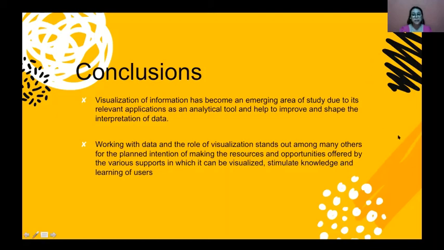Its varied applications extend to infographic design projects in its most traditional support, such as the interface design of a screen or a monitor. Also, working with data and the role of visualization stand out among many others for the planned intention of making the most of the resources and opportunities offered by the various supports in which it can be visualized, to stimulate knowledge and learning of users.